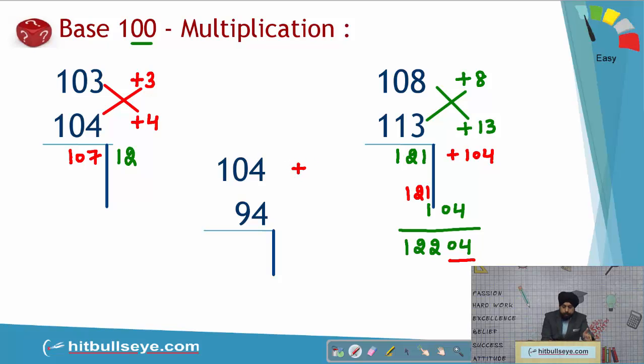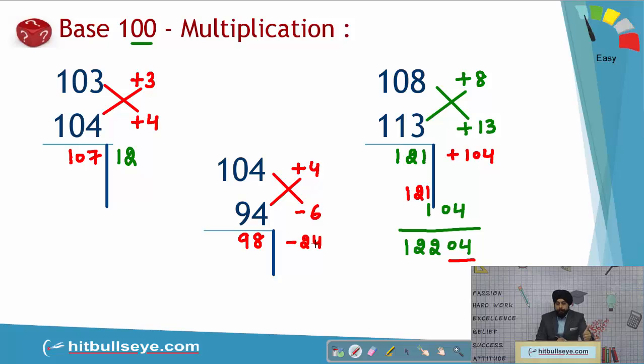104 is plus 4 and 94 is minus 6. Now students, here if you subtract 6 from 104 or you add 4 in 94, both ways you generate 98, which is the left hand side. But on the right hand side, the product of plus 4 and minus 6 becomes minus 24, students.